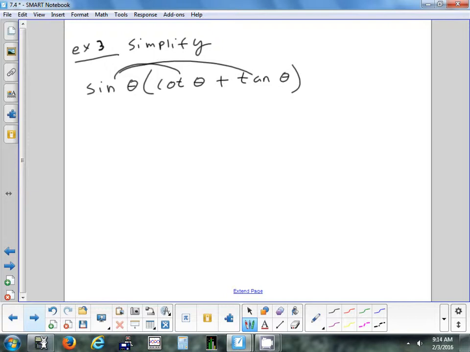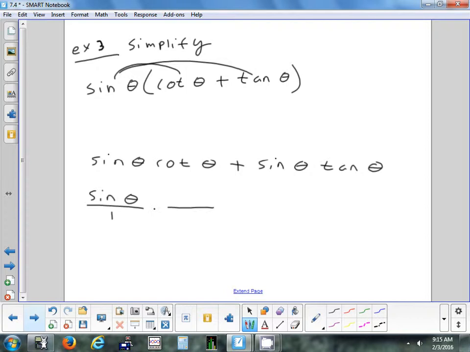Okay, so that's going to give me sine cotangent plus sine tangent. Now I would change everything to sines and cosines. This already is a sine. If I'm going to change things to fractions, maybe I want to make sine a fraction just by putting it over 1.